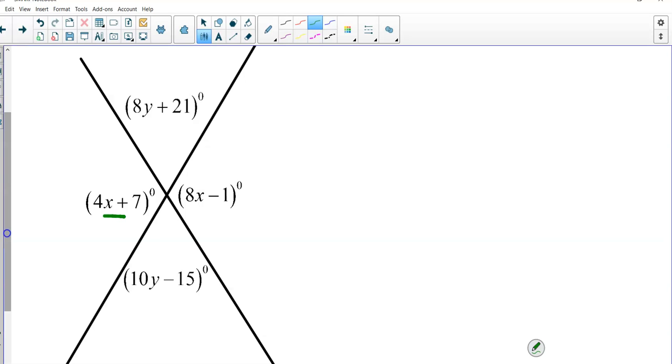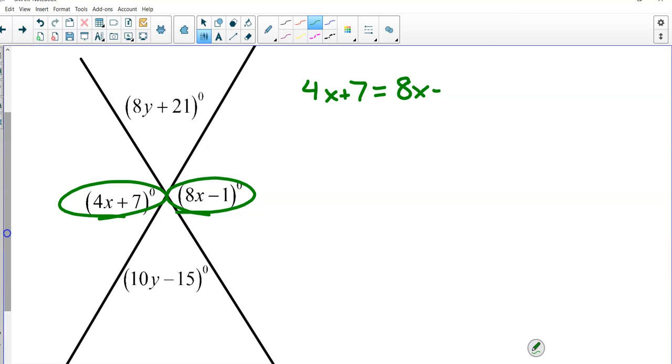We see this angle here and this angle here. They're vertical angles, so they're going to be equal to each other. They both have an x, so that's probably the best way to solve for x. So if we say 4x plus 7 equals 8x minus 1, then we can solve for x.